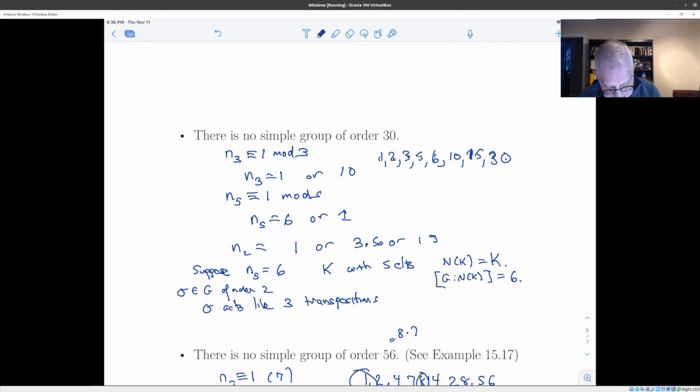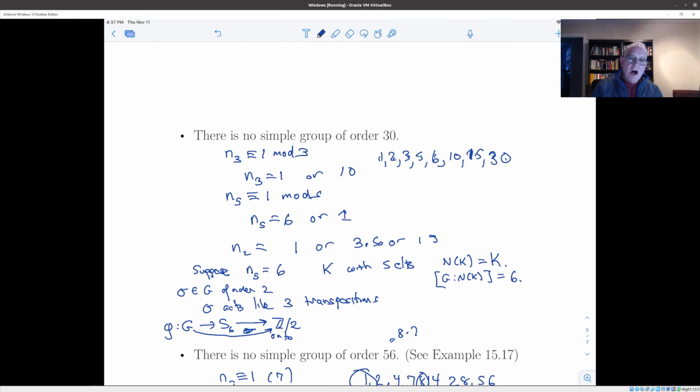So now let's consider, as we said before, we have a homomorphism phi from G to S6 coming from the permutation action on the 6 Sylow 5 subgroups. And then we have the sign permutation, which takes a sign character, which takes us to Z mod 2. And because sigma acts like 3 transpositions and is odd, this map here is onto.